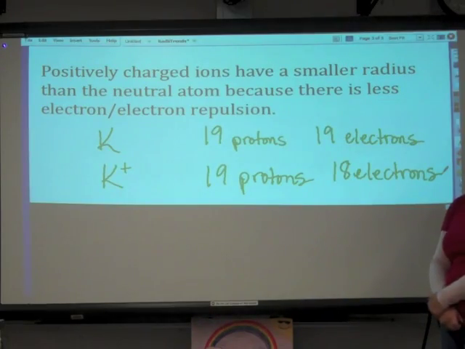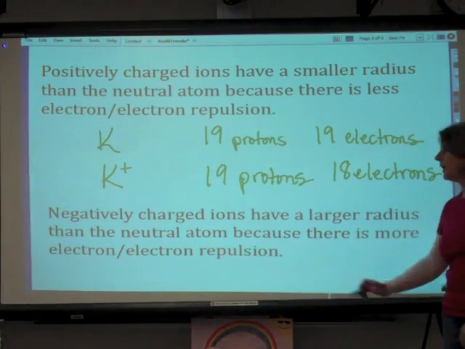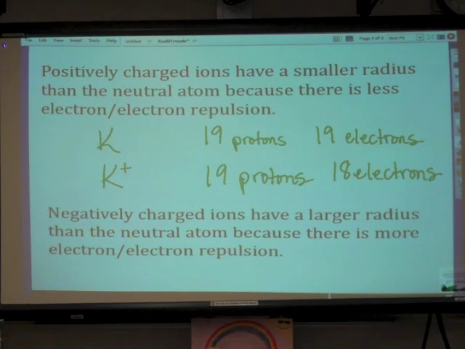So what do you think about anions? Anions have a larger radius than the neutral atom because there is more electron-electron repulsion. So if we look at something like bromine as opposed to bromide. Bromine has an atomic number of 35.